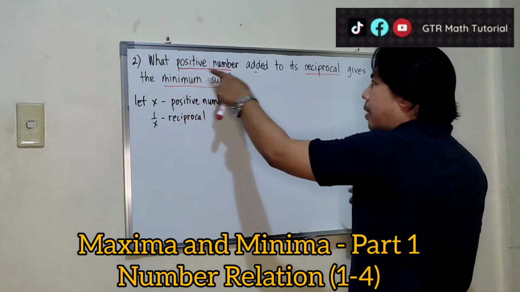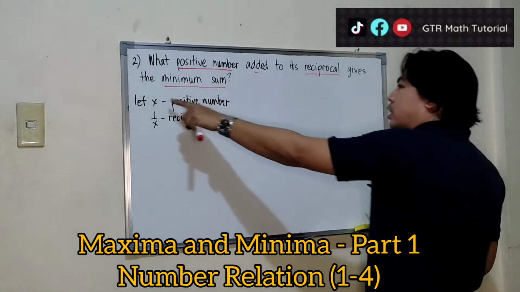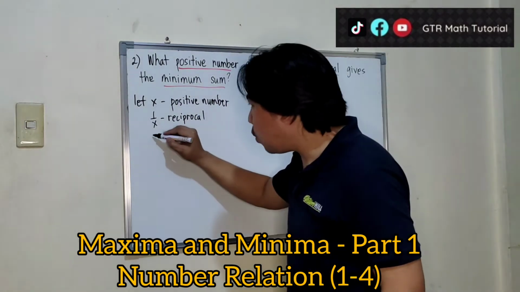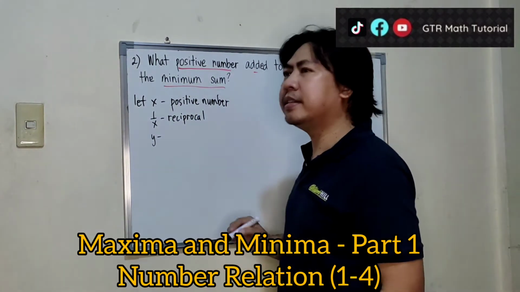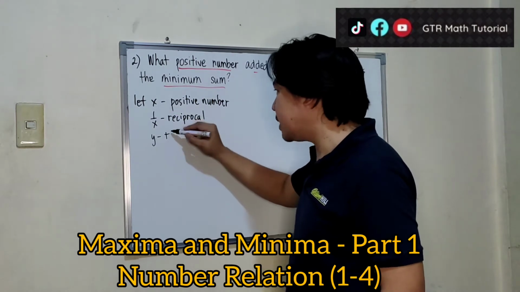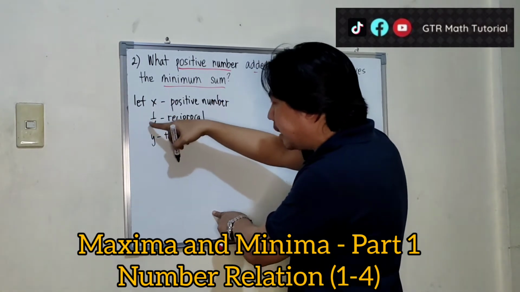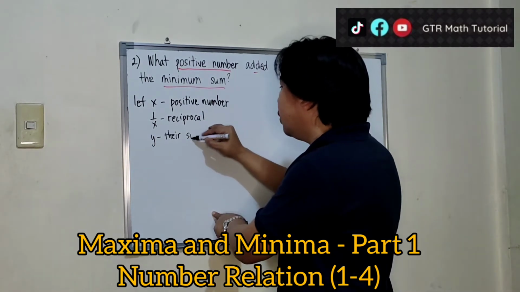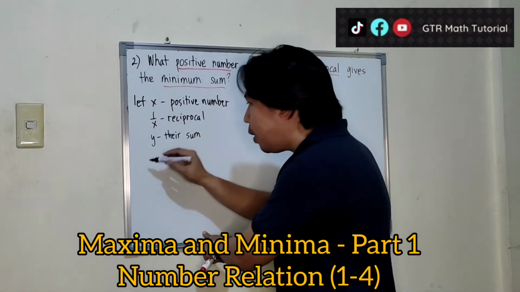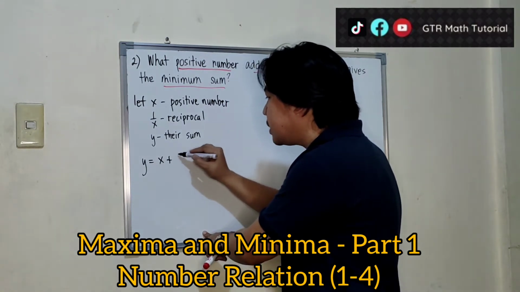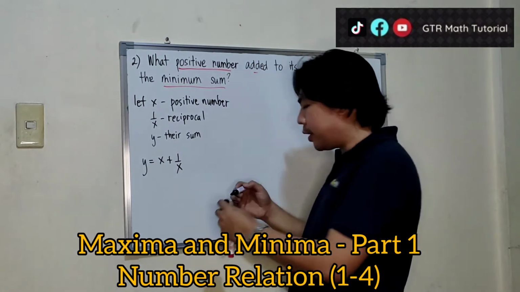The positive number is added to its reciprocal, and that gives the minimum sum. So let y be their sum, the sum of the number and its reciprocal. Therefore, our equation will be y equals x plus 1 over x. This is our working equation.